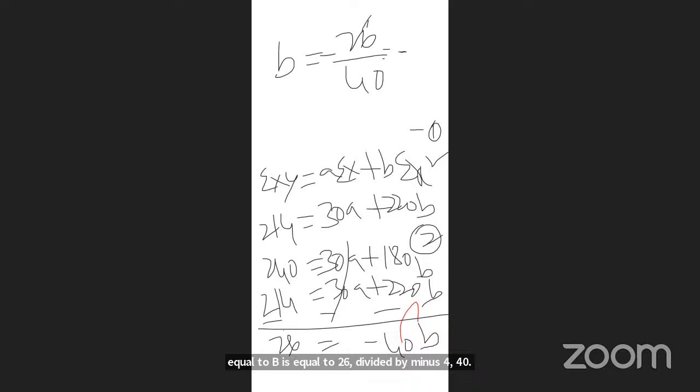Your B value is 26 divided by 40, minus 0.65. No, this is a minus. Minus 0.65.